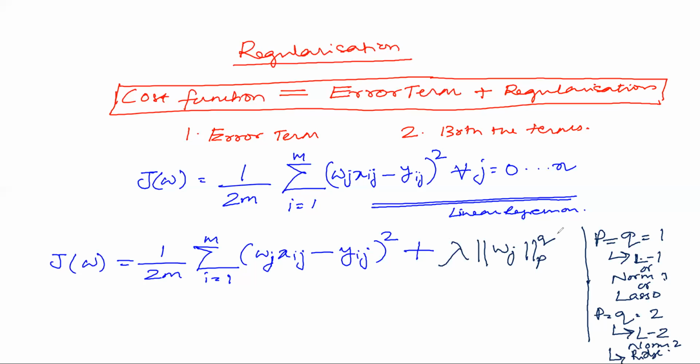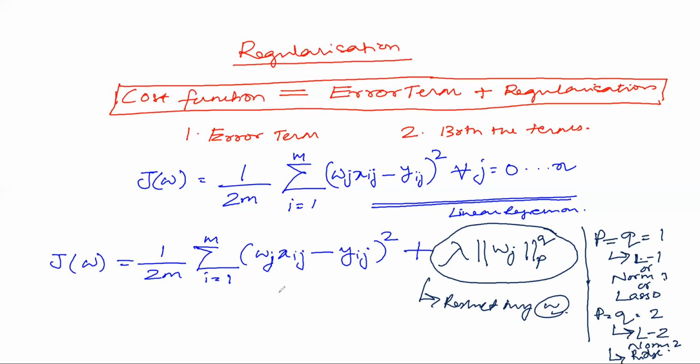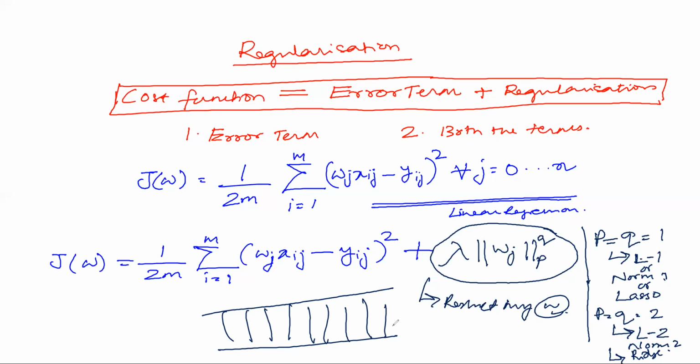So if you see what I am trying to do over here, I am trying to restrict my w or weights. I want to give a boundary in which my w should vary. Why do I want to do this? I want to take out this overfit thing.